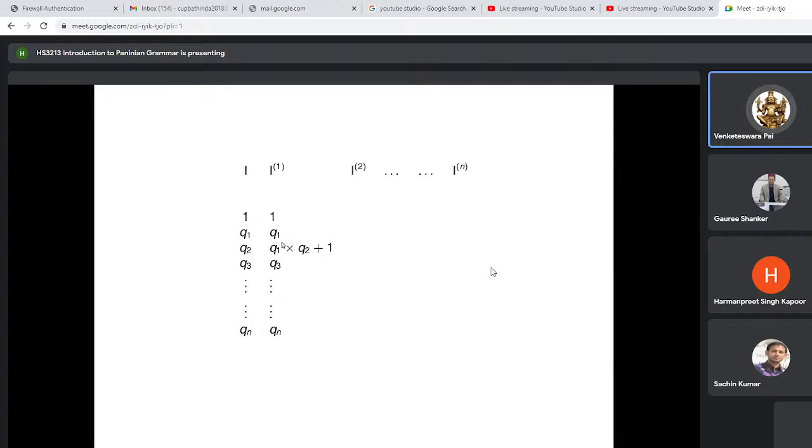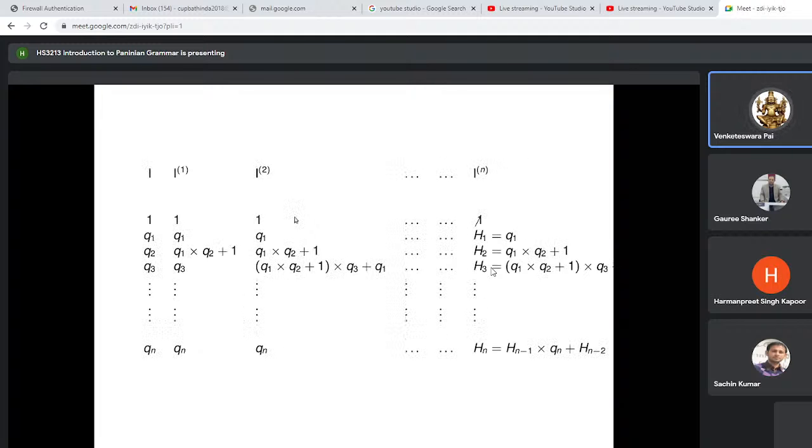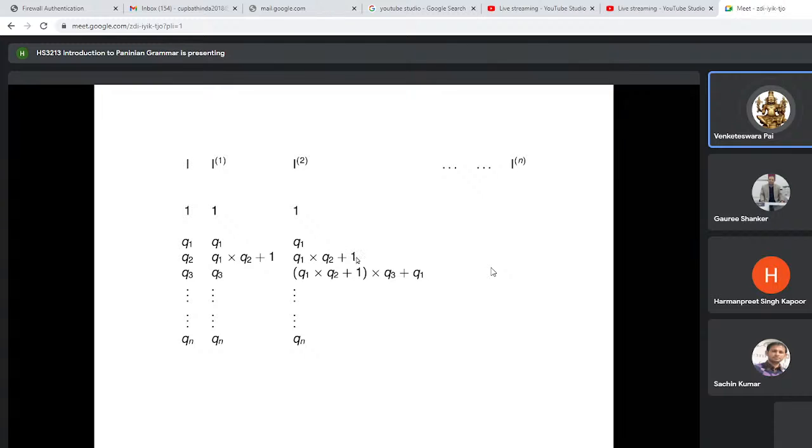So in the second column, the first term would be 1 only, second term would be Q1, third term would be Q1 into Q2 plus 1, and from fourth onwards up to nth term, you have Q3 to Qn. So in the third column, you have 1, Q1, Q1 into Q2 plus 1, and the fourth term would be (Q1 into Q2 plus 1) into Q3 plus Q1, okay?